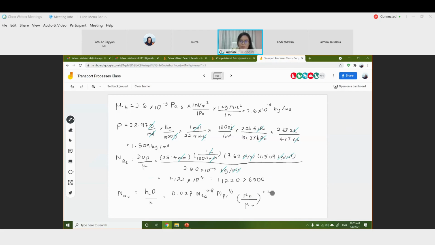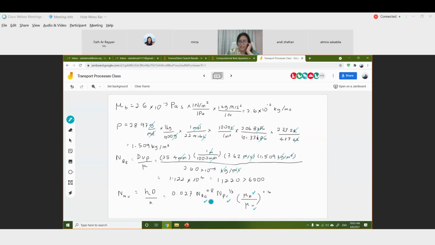What do you think we want to get from this equation? We have the mu just now, we also have the mu wall, and we have the Prandtl number, which we can get from the appendix. And we just calculated the Reynolds number. So we have all this. What else do we need?